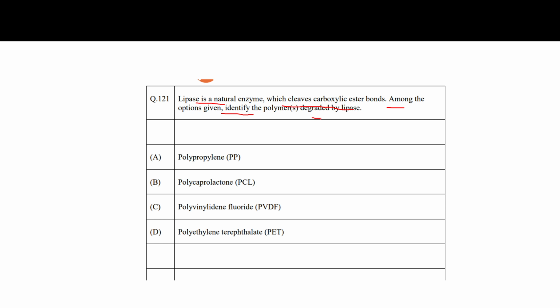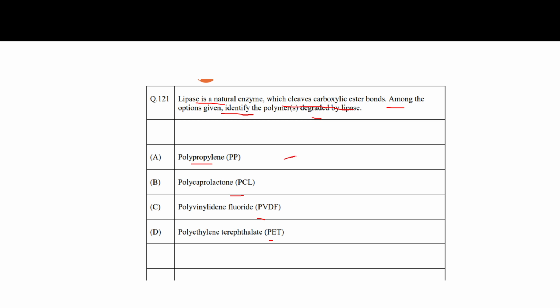To answer the question, we have to know what the structural unit is in polypropylene, polycaprolactone, PVDF and PET. If you know the structural unit, we can find where the ester bonds are present, and then we can tell that the lipase enzyme is used for this.